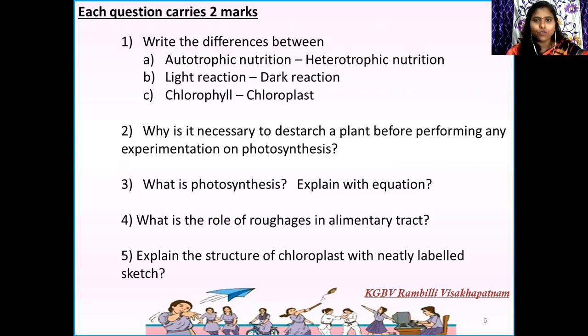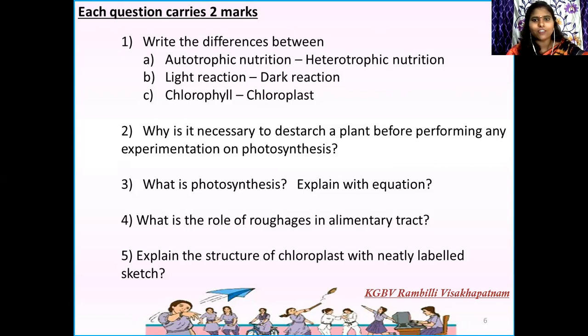Next, what is the role of rugae in the alimentary tract? These are very useful for easy passage of food in our tract, and they prevent constipation. We can mention those points for 2 marks. They are enough.